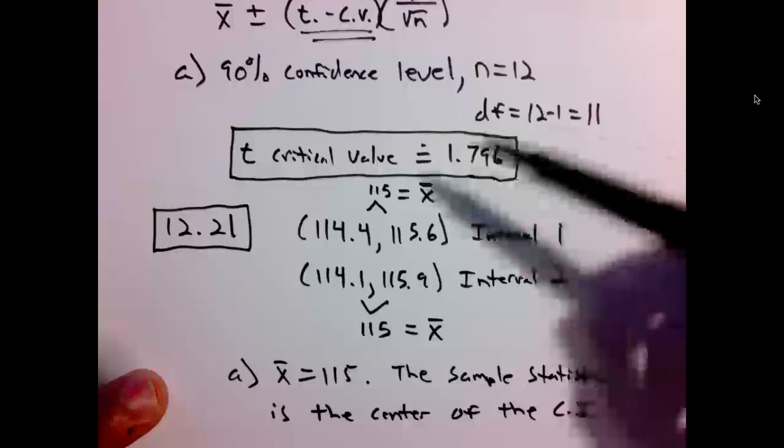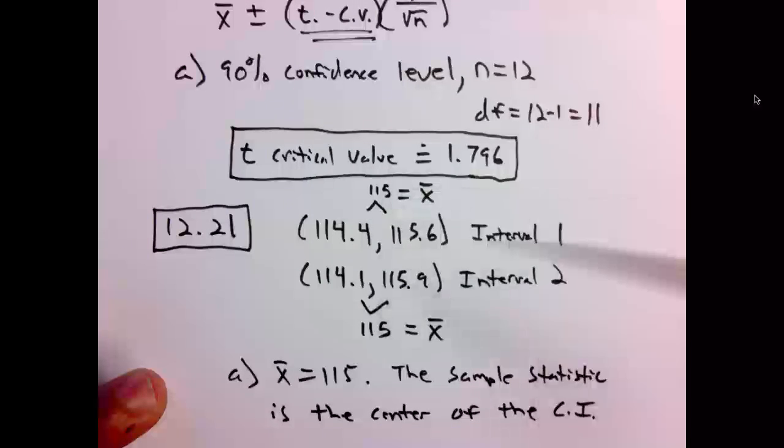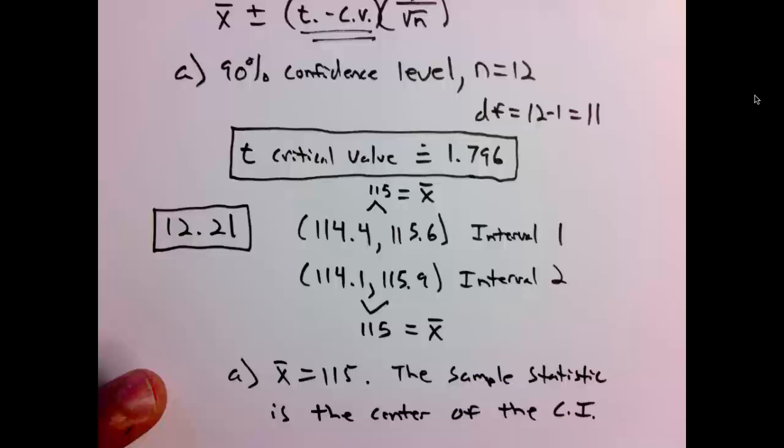So if you add these endpoints together and divide by 2, you'll see that they're both centered on 115. It makes perfect sense. Our confidence interval will be centered on the sample statistic.